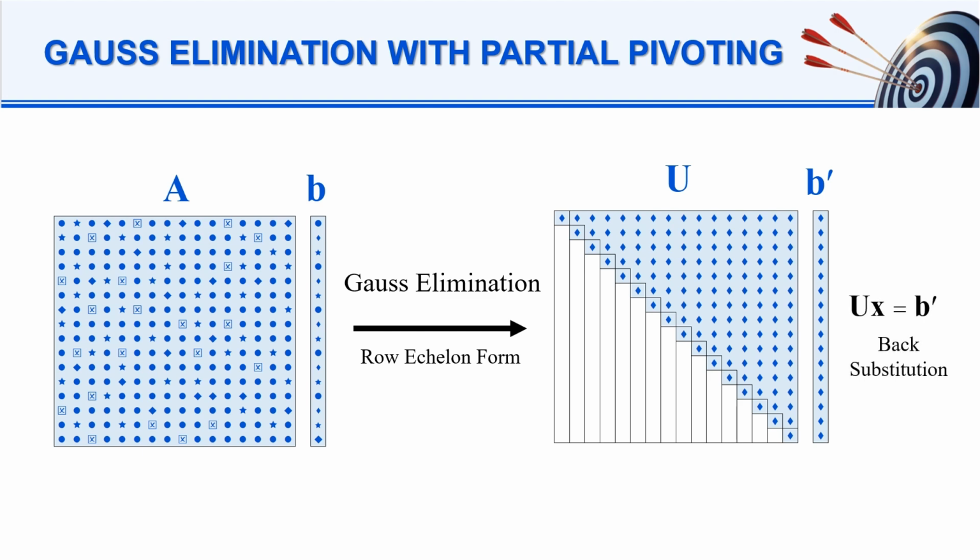However, if any one of the pivots turns out to be zero during the elimination process, a division by zero is encountered. In this case, the naive method will fail even if the coefficient matrix is non-singular or the linear system has a unique solution. In this video, the Gauss elimination method that implements the partial pivoting technique is described.